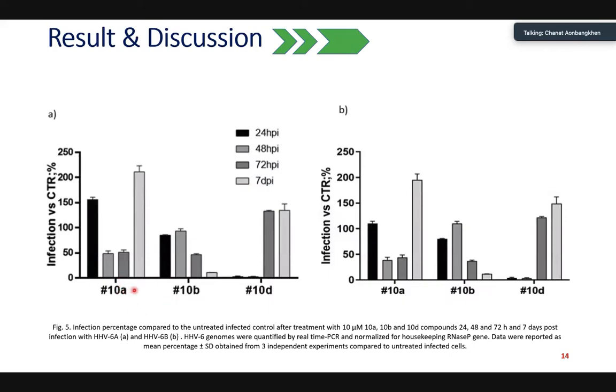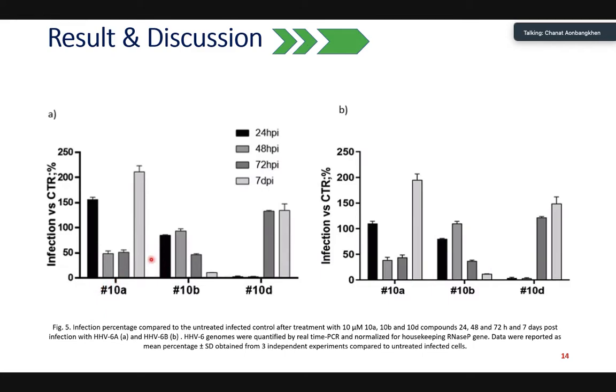Now for 10A, 10B, and 10D, we check the antiviral activity, and we can see that for HHV6A, only 10D showed reduction of the viral load at 24 hours post-infection and 48 hours post-infection, and there is a reinfection at the end.